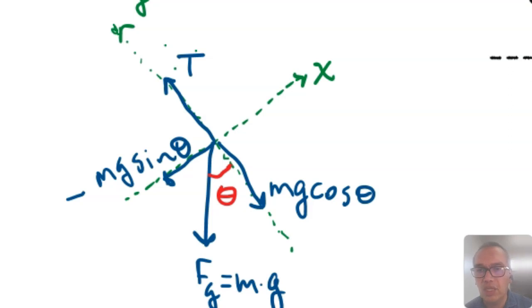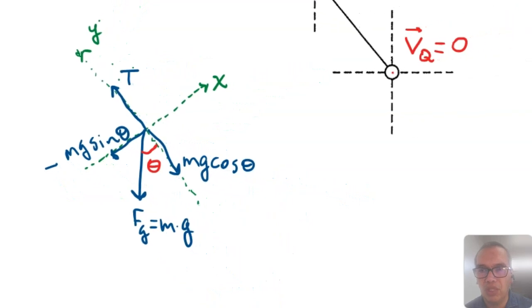Now, what matters here is that there are two forces that are opposite in the y direction, and so the net force in the y direction is 0, because in the end, there is no acceleration at this point that is either going to shorten the string or to lengthen the string. The radius is fixed, so the tension and the y component of the weight cancel each other out.